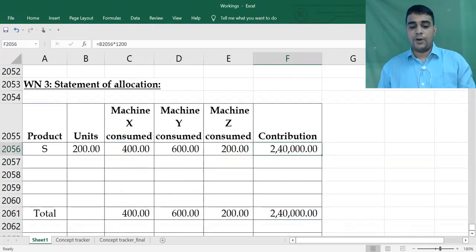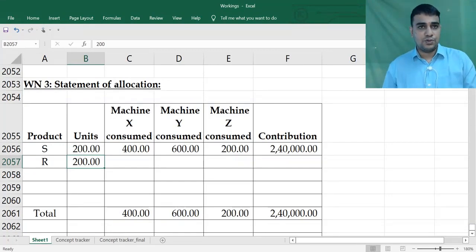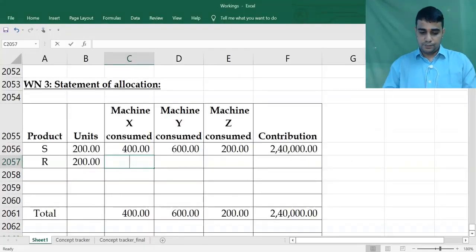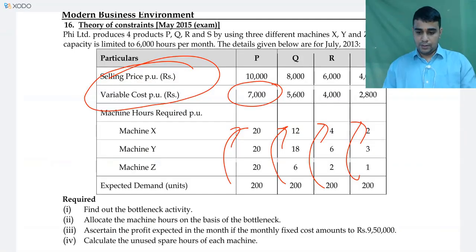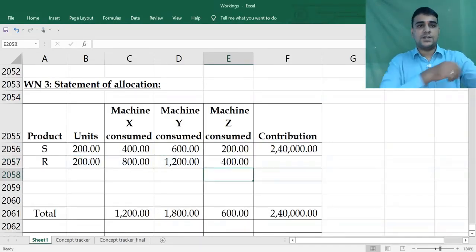Which is the next rank product? R. Again demand is 200. R is 200 into 4, 200 into 6, 200 into 2. Multiplied with 4, 6 and 2.